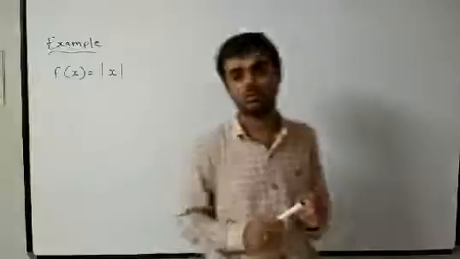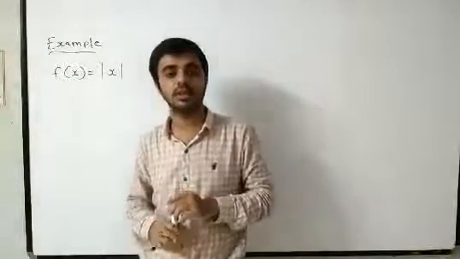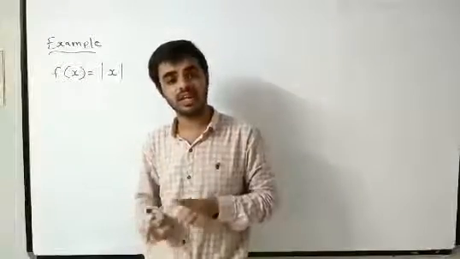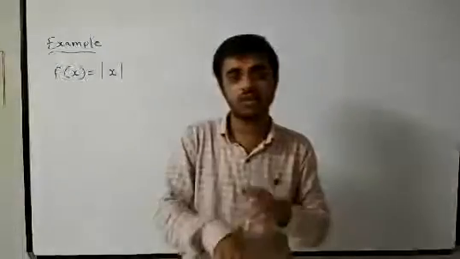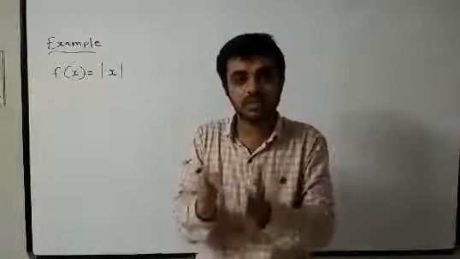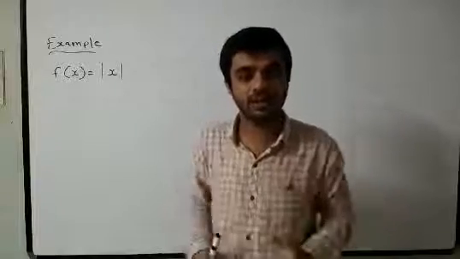For that, as we studied the previous day, to check whether the function is differentiable or not, its left hand derivative must be equal to its right hand derivative. Now how to find the left hand derivative?